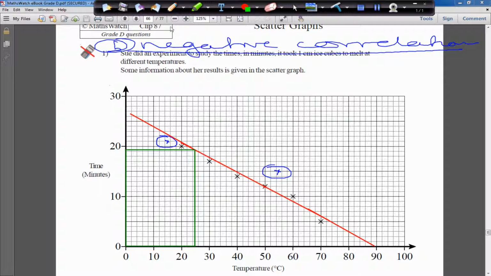What we are doing here is going up along this line, starting at 25. We hit the line and go straight across, and that gives us about 19. On my particular one I'm getting an answer of approximately 19. So the answer to part C is 19 minutes.